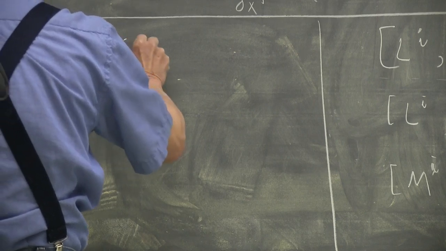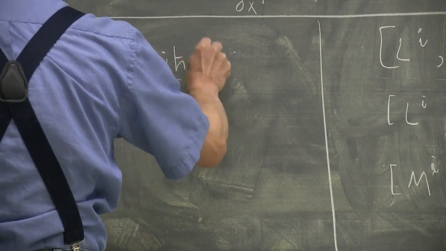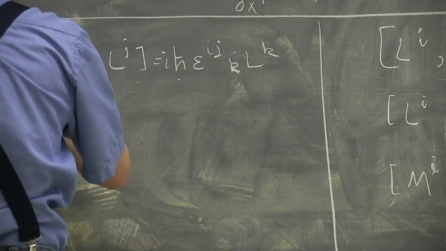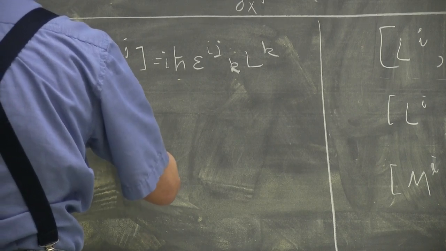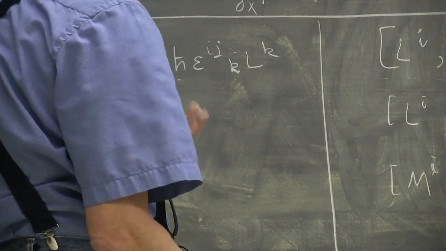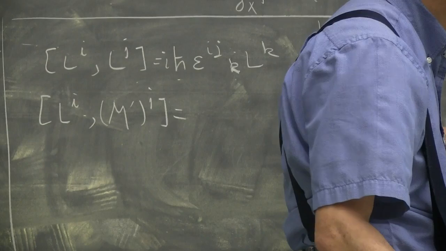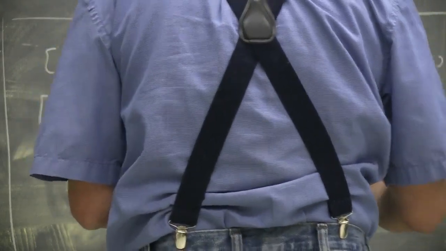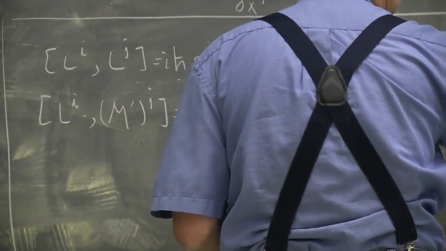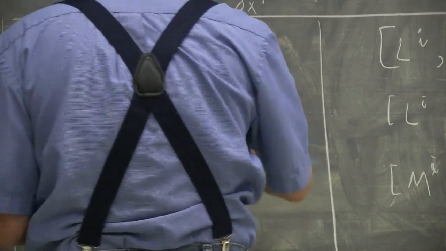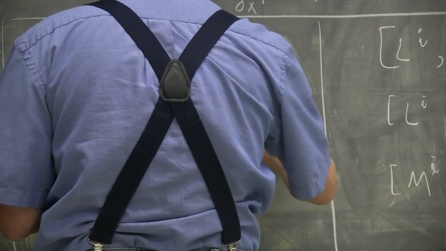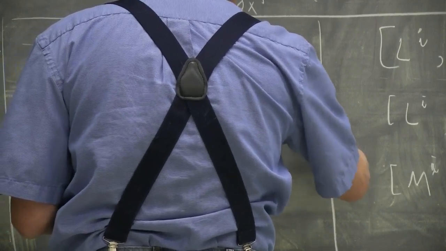The L's don't change: [L_i, L_j] = i H bar epsilon_ijk L_k. The second one I'm going to write in terms of L_i and M prime_j. When I introduce those factors, some of these factors go away. There's only one power of M, so if I put M prime here, it's going to be the same thing. So the second one is not changed either: [L_i, M'_j] = i H bar epsilon_ijk M'_k.